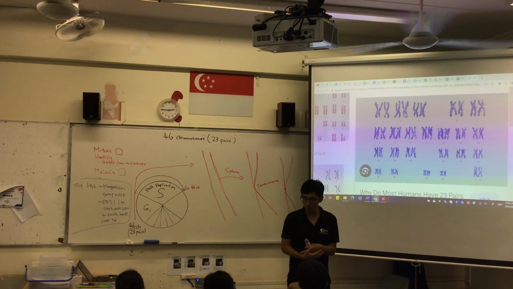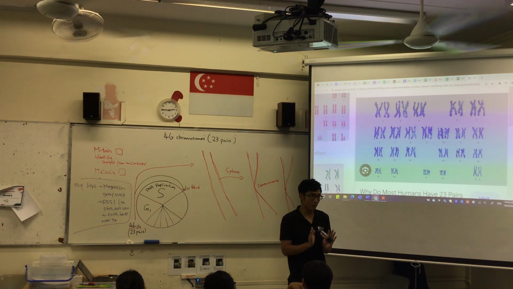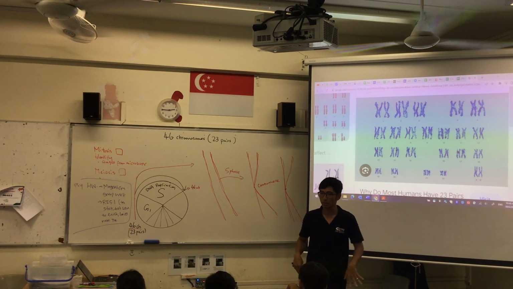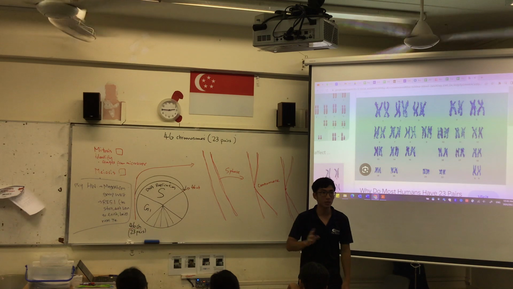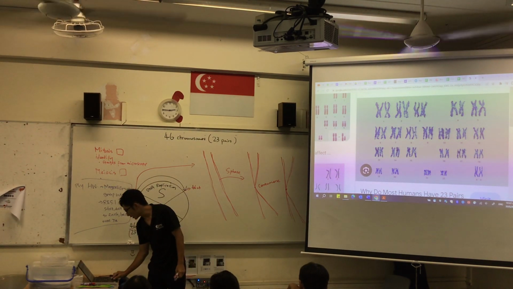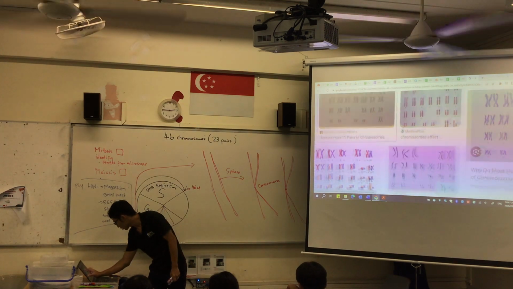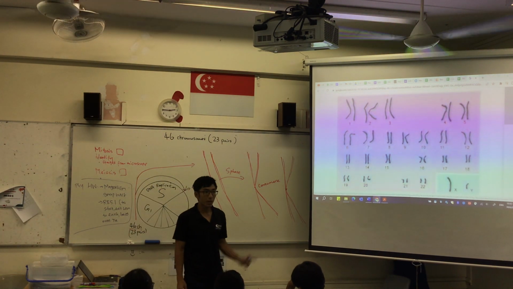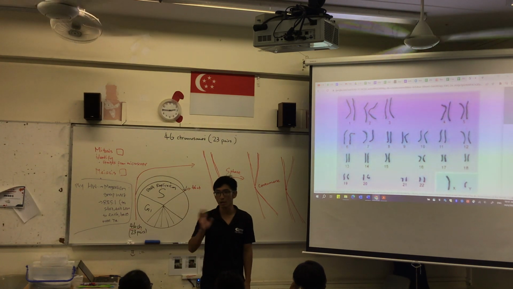I show this to you because if you were ever to see a structure that remotely looks kind of X-shaped, it means that DNA replication has already occurred. If instead someone were to show you a diagram that looks like that, okay, this one over here, this implies that DNA replication has not occurred yet.